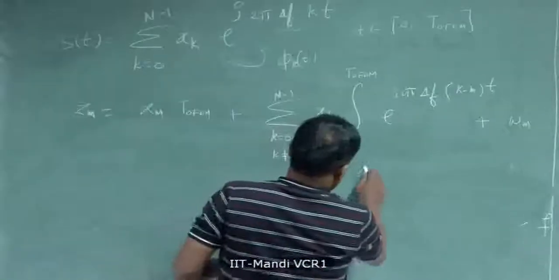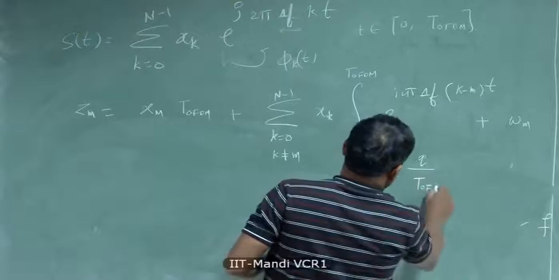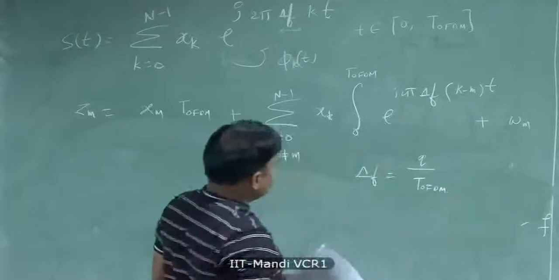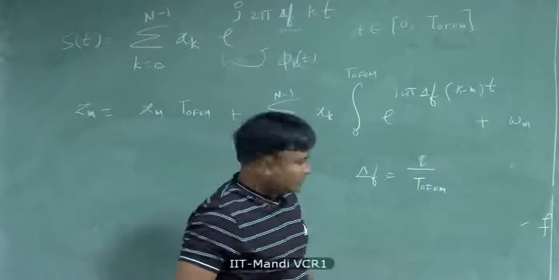Well, let's think of delta f equal to some q times 1 divided by T_OFDM. Let's say q equal to 1 for the time being.